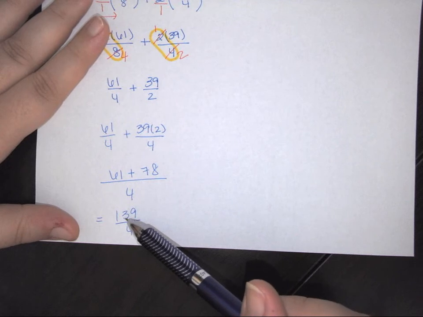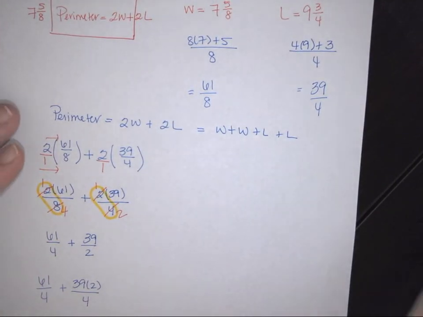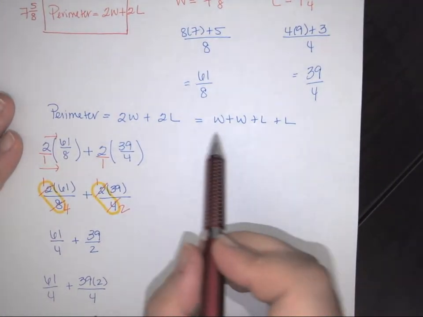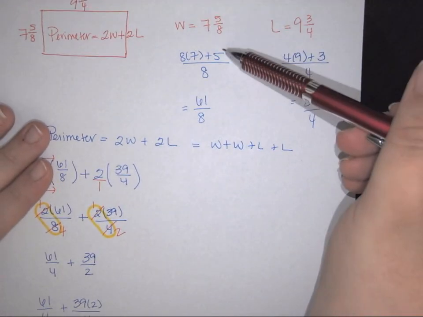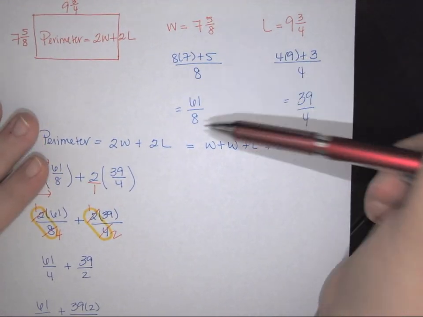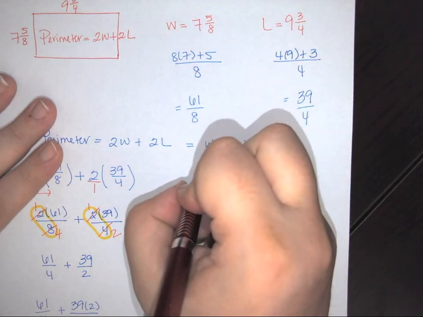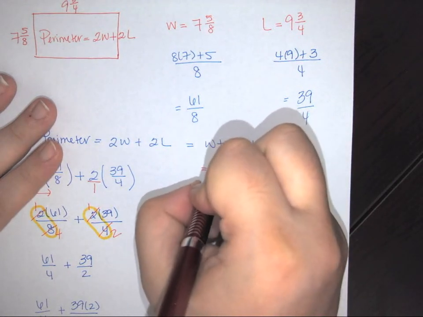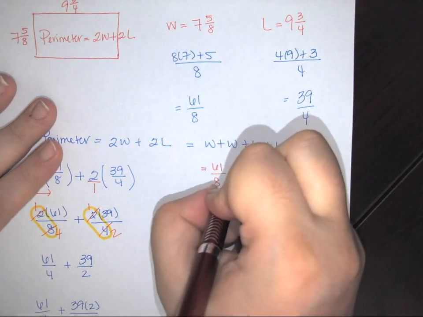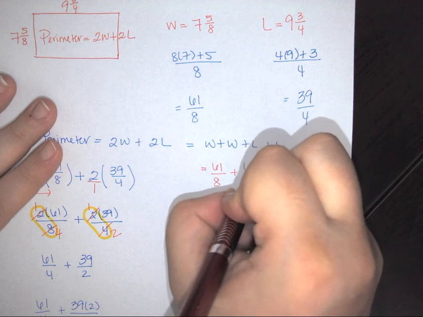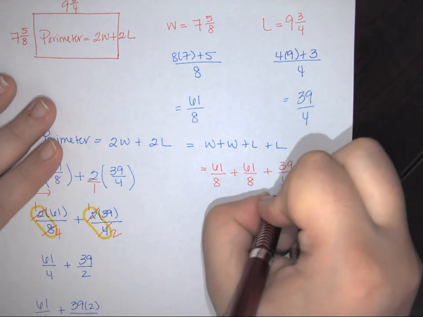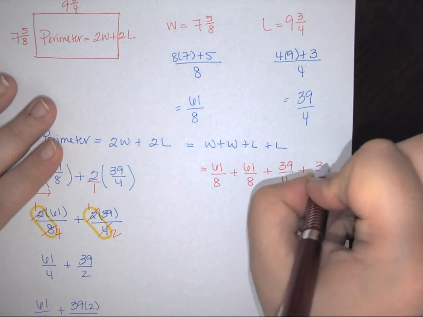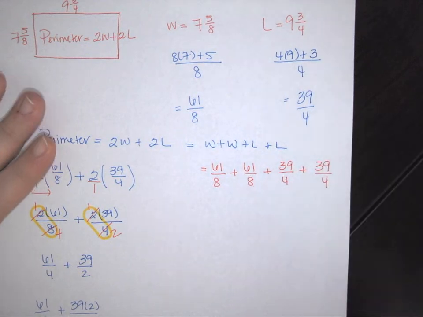Now we're going to come back and deal with that in a second, but I wanted to show you what it looks like if you had set up to just simply add. We had already identified my width, and so this one would have been 61 over 8 plus 61 over 8 plus 39 over 4 plus 39 over 4.